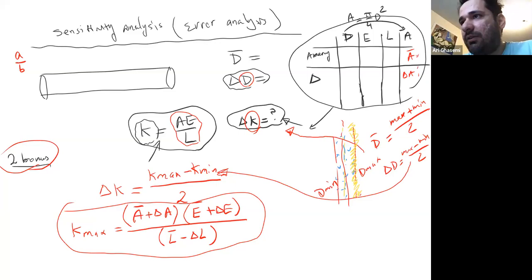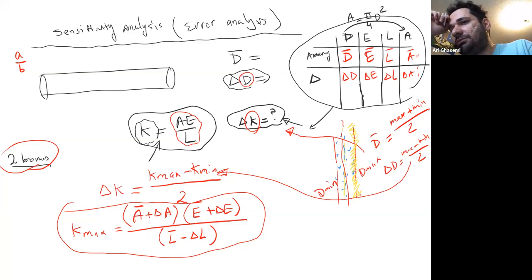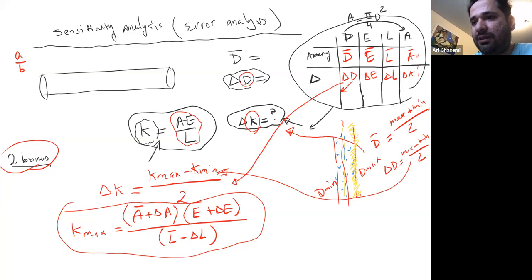You have average L, delta L already, you have average E, delta E, and then you already have average D, delta D. Do you see that? So you have the average of all these numbers. These are a bunch of decimal numbers. So all you need to do is substitute here. Then you get your K max.